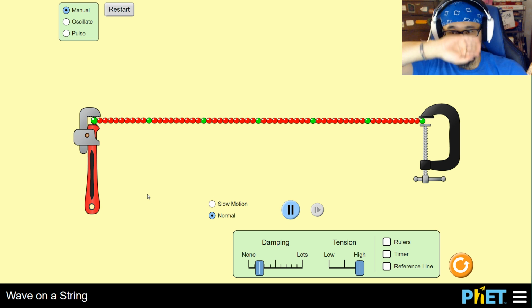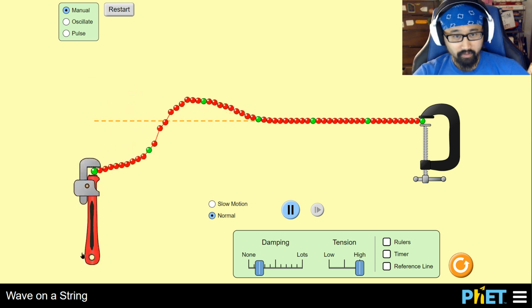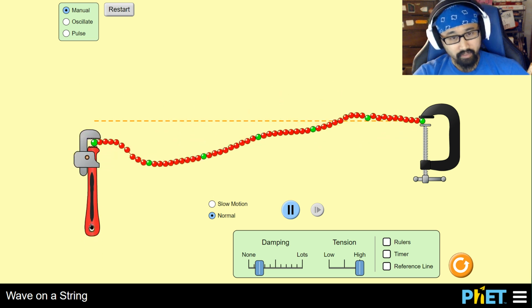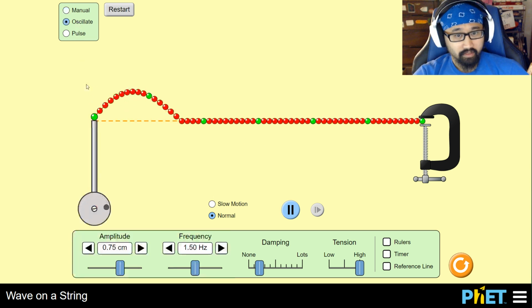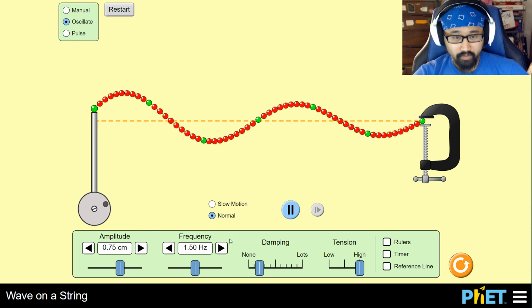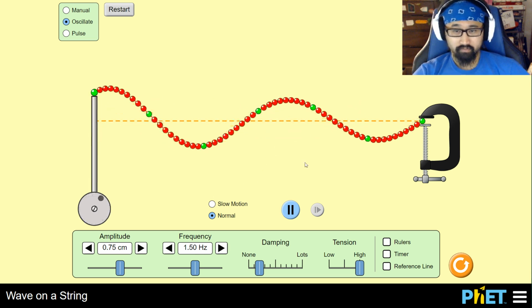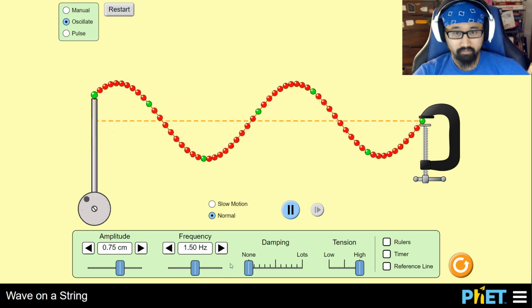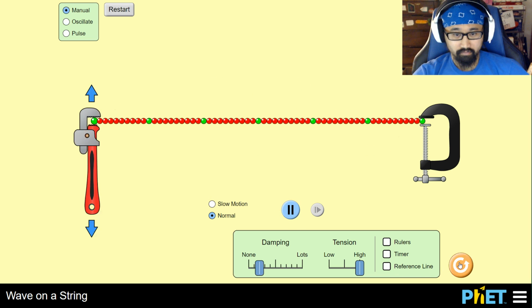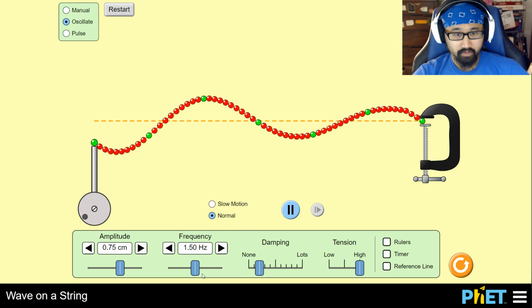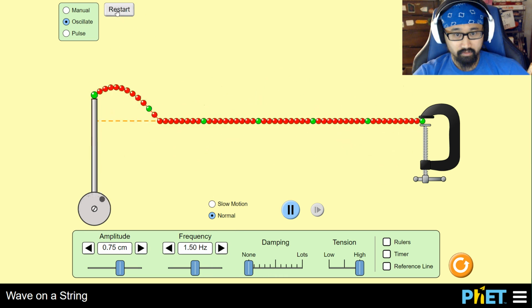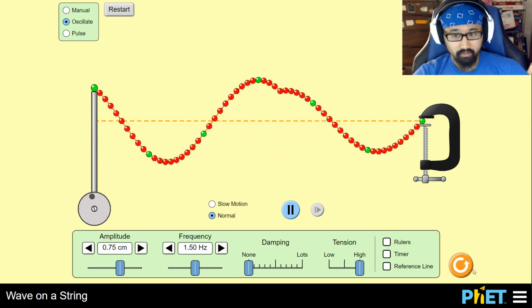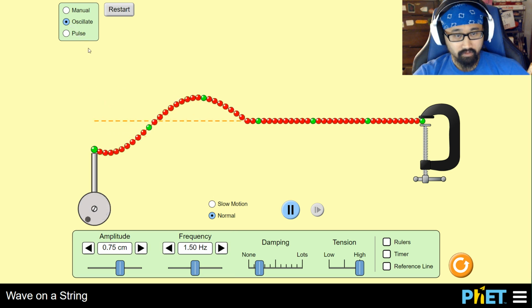I wanted them to make one full wavelength. Actually, that's closer to one. Oh, man, I wish that I could. Okay, wait. That did not do what I wanted to do. Also didn't do what I wanted it to do. The limitations of online simulations.